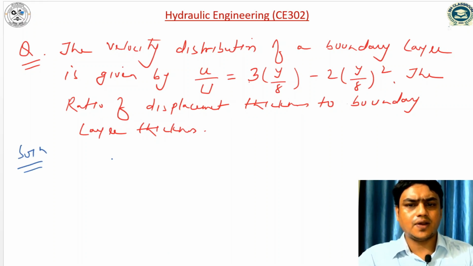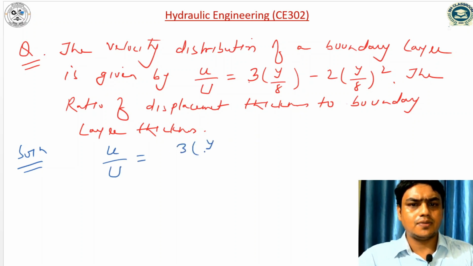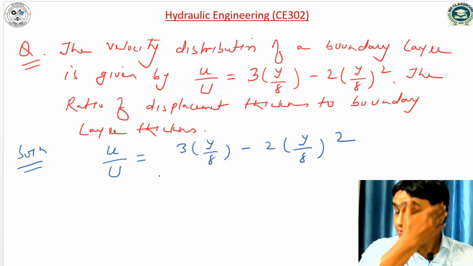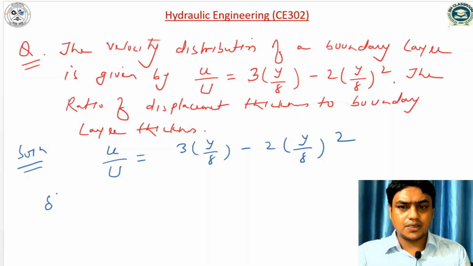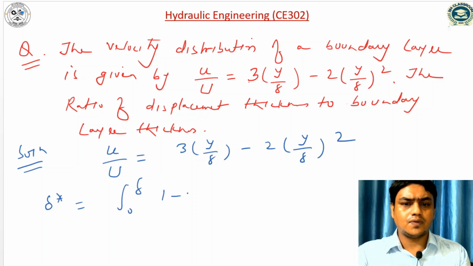So the same problem, that is the solution. The velocity profile is given, u by capital U is equal to 3 y by delta minus 2 y by delta whole square. So the displacement thickness is equal to integral 0 to delta of 1 minus u by capital U into dy.